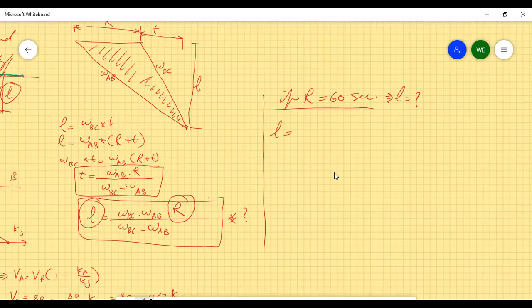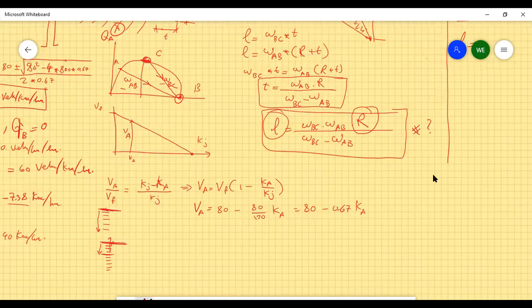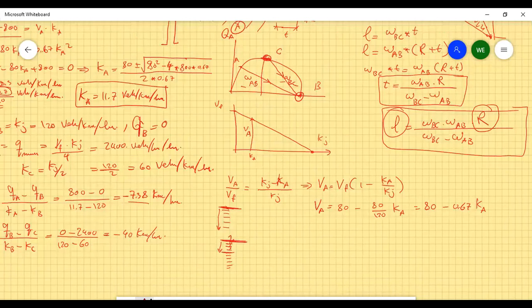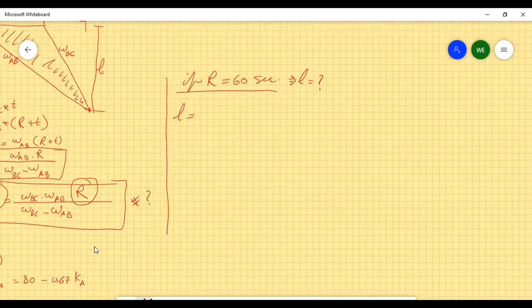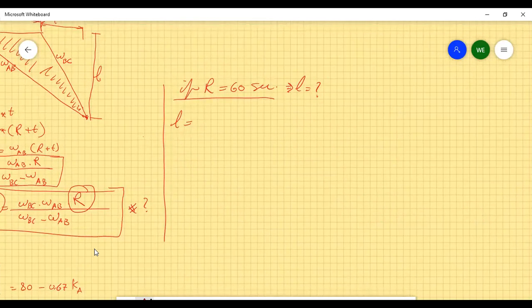L equal omega BC times omega AB. Here we have omega AB 7.38 and 40. So we have 7.38 multiply 40 multiply 60 seconds divided by omega BC, which is the 40, minus 7.38.